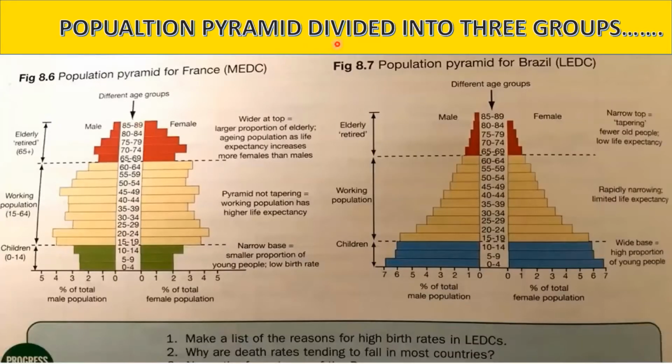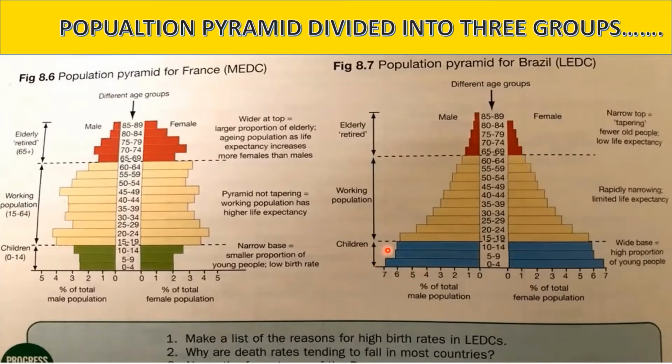A population pyramid is divided into three groups. That is 0 to 14 age, the young population, who are dependent; 15 to 65, who are middle-aged, independent and the working population; and above 65 is old age, and they are the dependent population. Generally when you're talking about the population pyramid, the wide base indicates a youthful population.